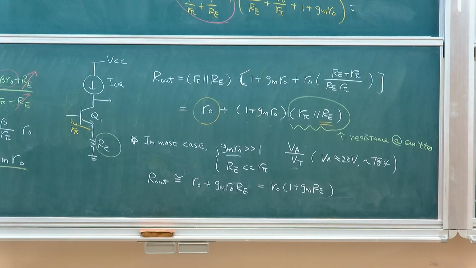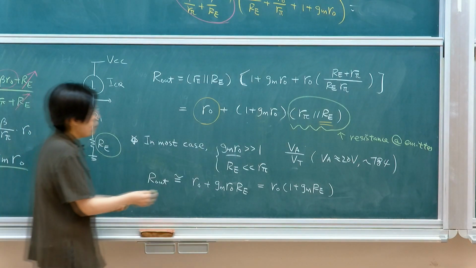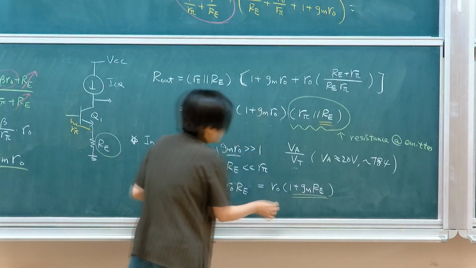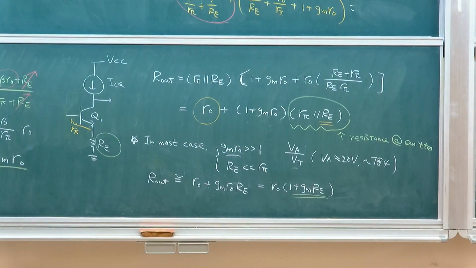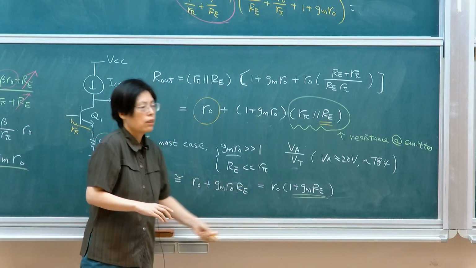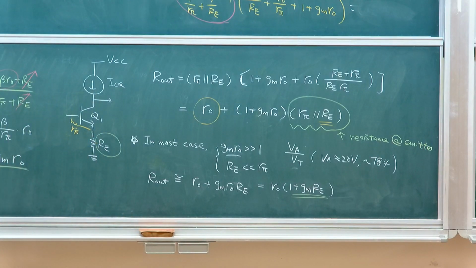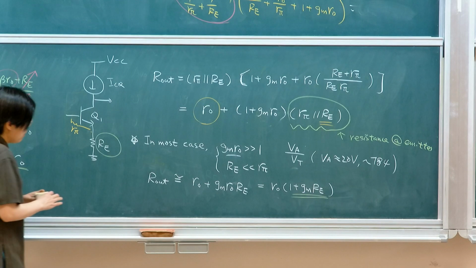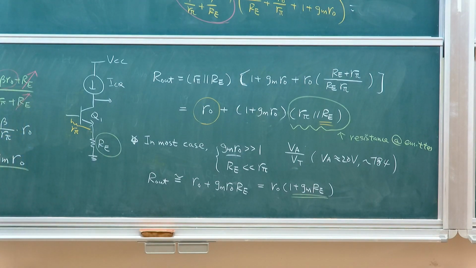You see this term again, GMRE, meaning that it's being boosted by a factor of 1 plus GMRE. So your original output resistance is being boosted by 1 plus GMRE. Okay?